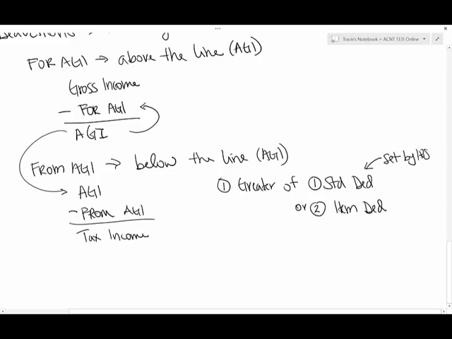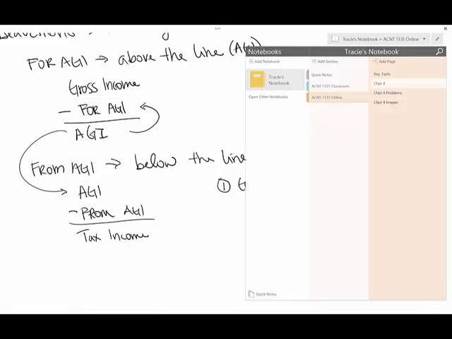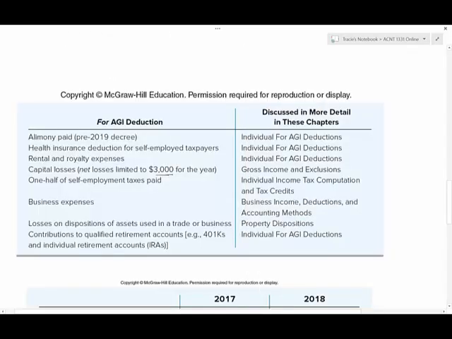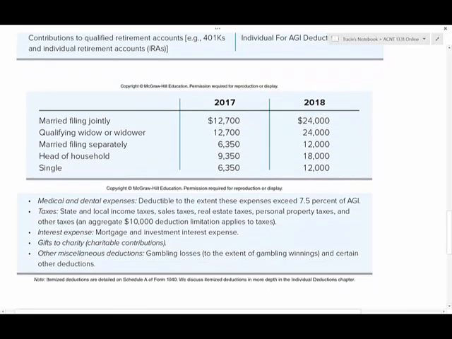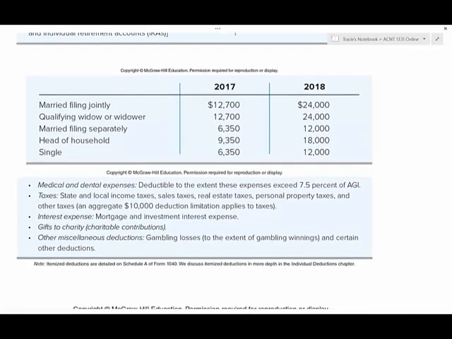The itemized deductions are a variety of different kinds of deductions, and the taxpayer will pick the larger of those two items, the standard deduction or the itemized deduction. In your book, you'll see the standard deduction provided to you and also a variety of different itemized deductions.